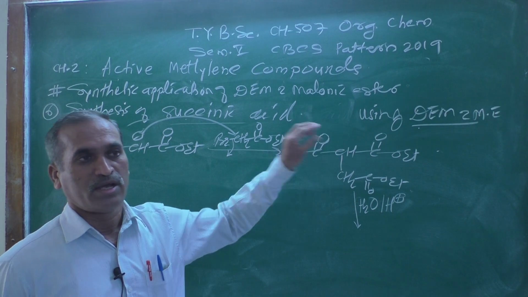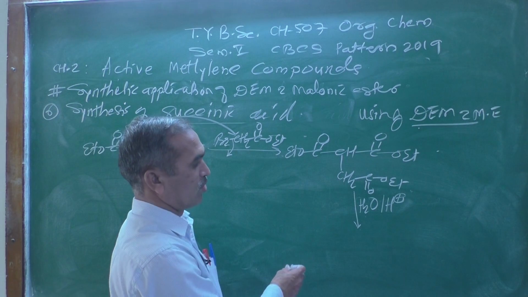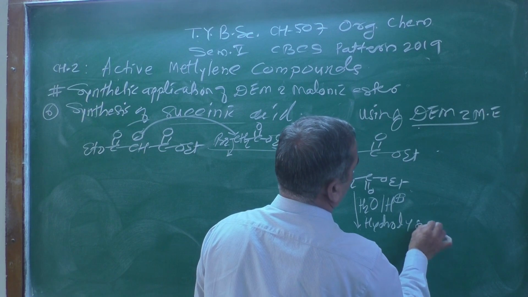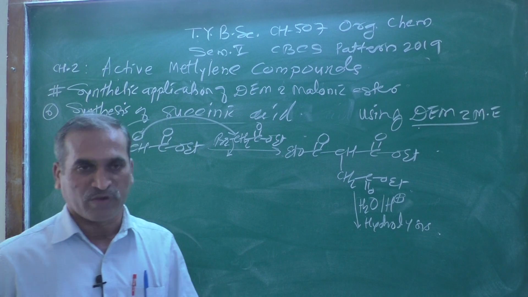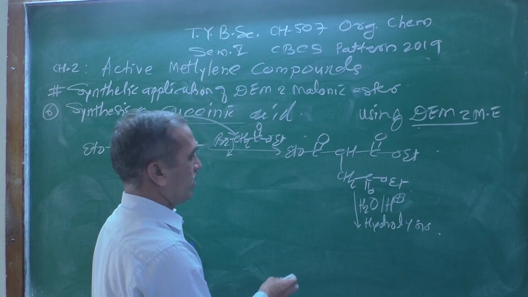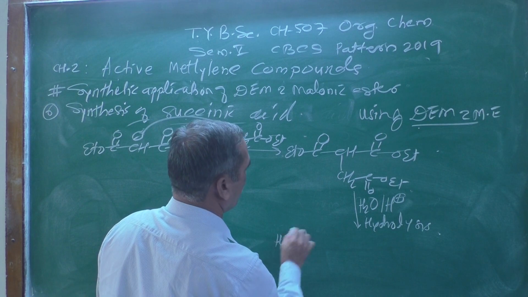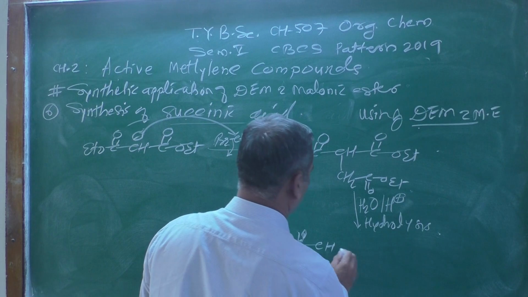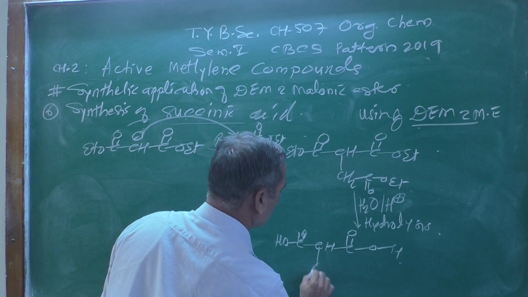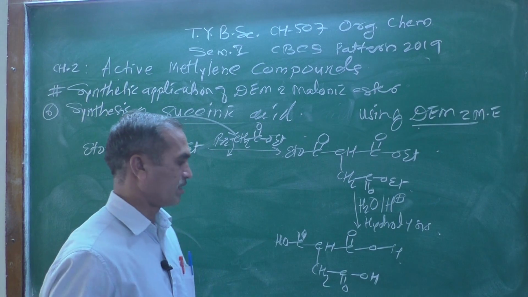Triester means there are 3 ester groups present, and hydrolysis is a process where all the ester groups get converted into acid, and you will be getting here HO, then C double bond O, CH, then C double bond O, OH, and here also this CH2, then C double bond O, OH, like this.